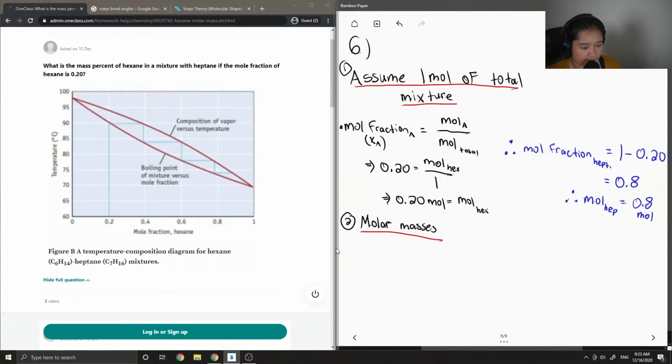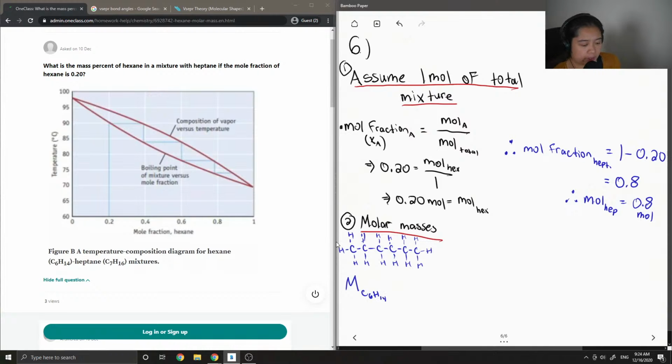For hexane, this is a 6-carbon chain. There's no double bonds or anything, and we're just going to fill in the rest of the bonds with hydrogens. So there are 6 carbons and 14 hydrogens.